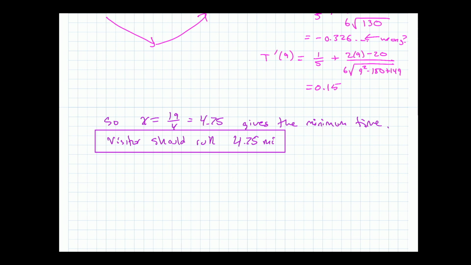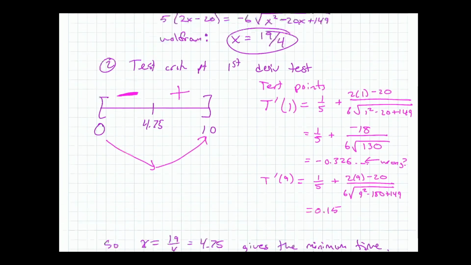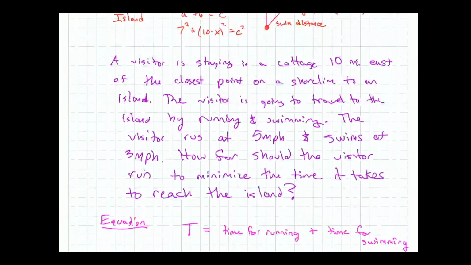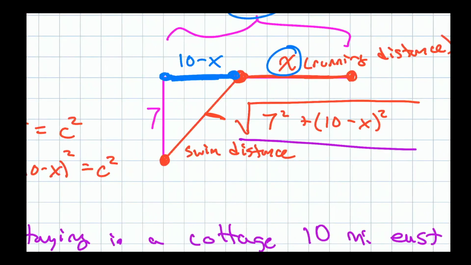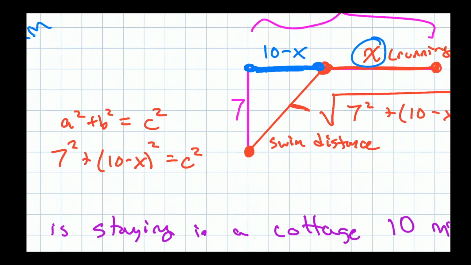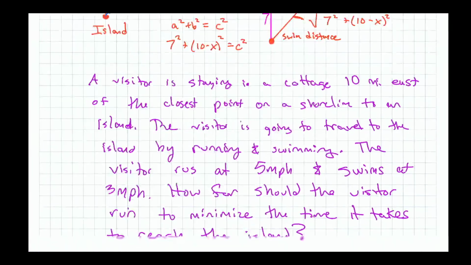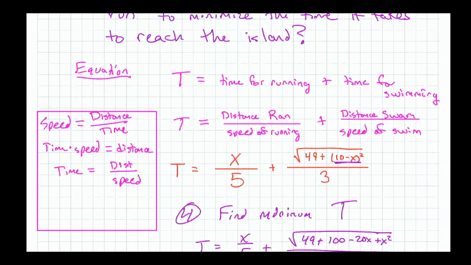Easy. Now you could have calculated other things, like how far you have to swim, because you can look at your picture and the swimming distance is right here. You know that X is 4.75, so you can calculate the swimming distance. You also know the time, because the equation for time is here.